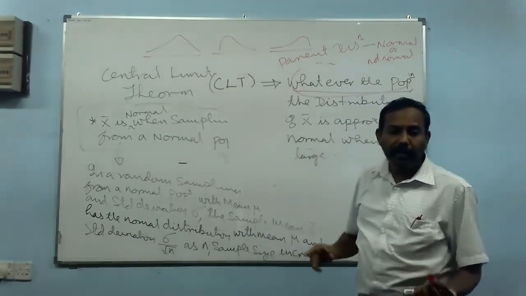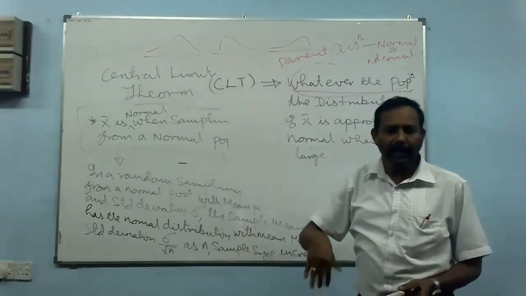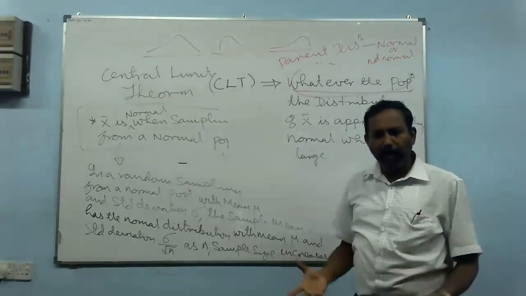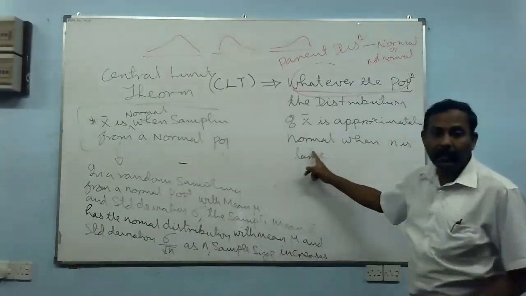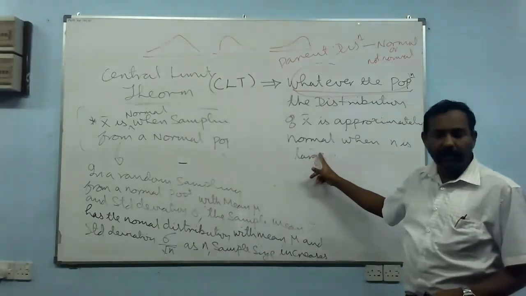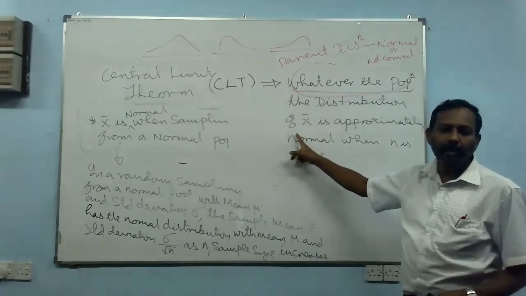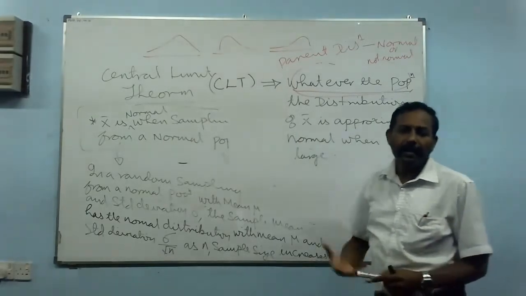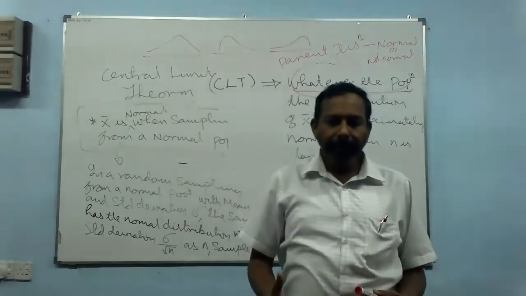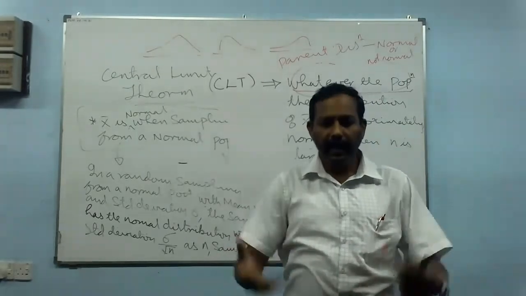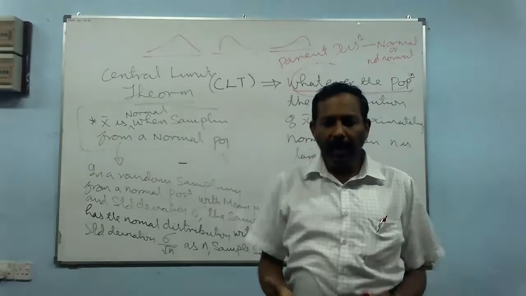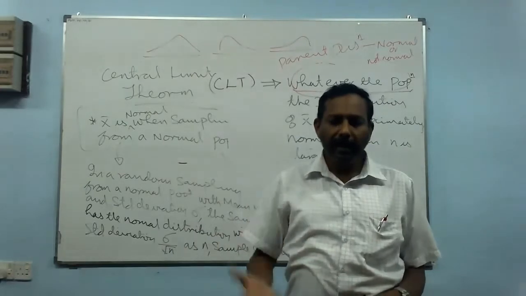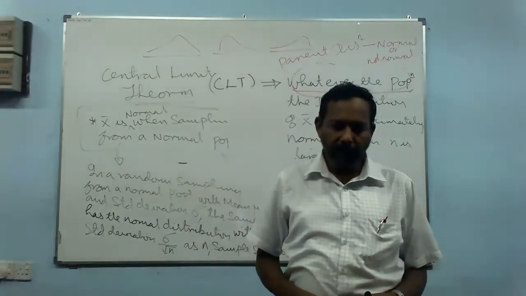The parent distribution can be normal or not normal. However, if you increase the sample size, the daughter distribution will also become normal. So that is what the central limit theorem says. If you increase the sample size, the sample distribution tries to behave like a normal distribution.